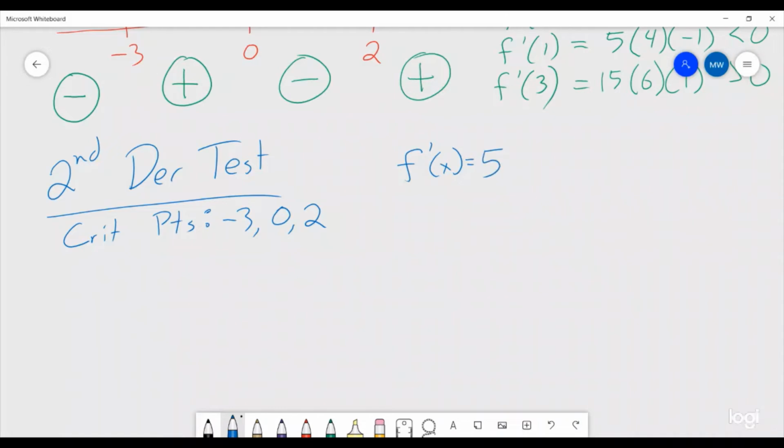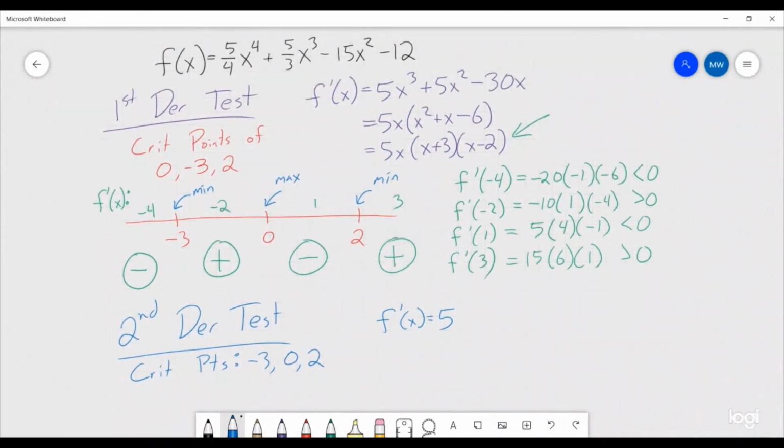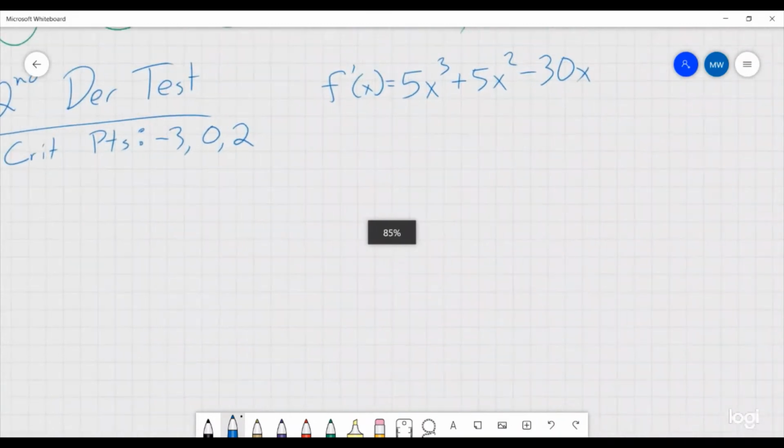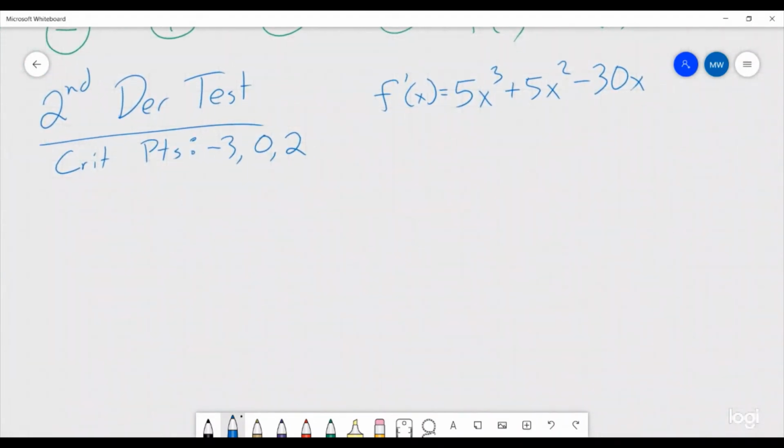So let's go to the original derivative, because that's easier to take the derivative of: 5x cubed plus 5x squared minus 30x. Now, if we take the derivative of this, we find that the second derivative is 15x squared plus 10x minus 30. So we can factor out a 5 from everything.